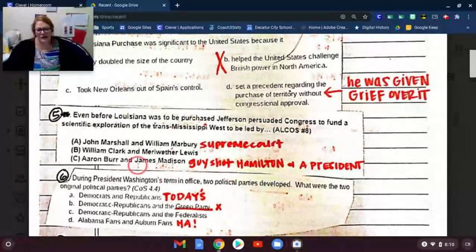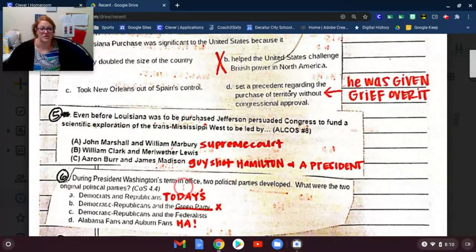And then Aaron Burr and James Madison. Well, Aaron Burr was the guy that shot Hamilton, and James Madison was the president. Did they go explore the Louisiana area? No. So what are you left with? B. And see how you got that answer even if you didn't know it was Lewis and Clark, because you know it's not A and you know it's not C.